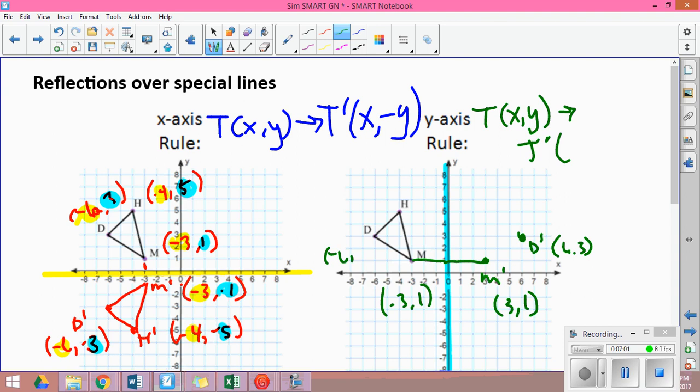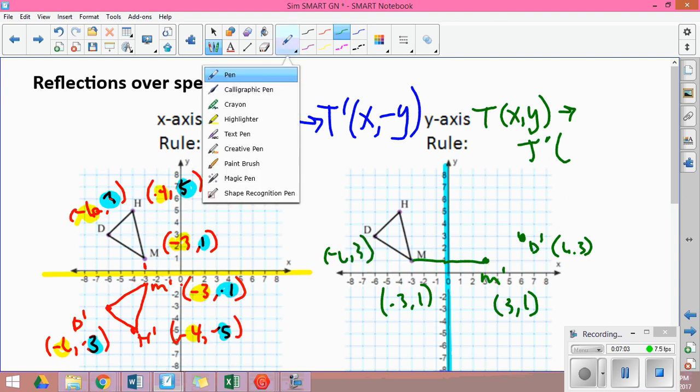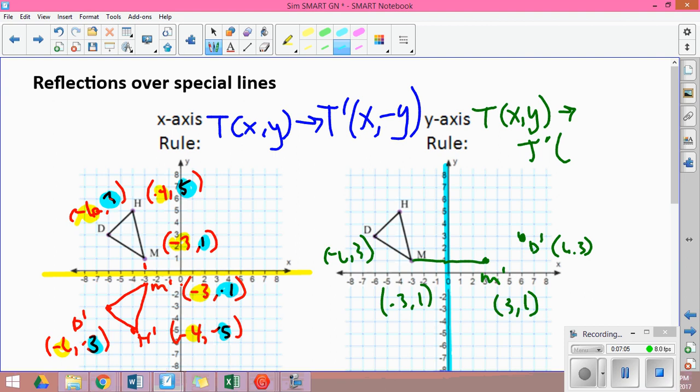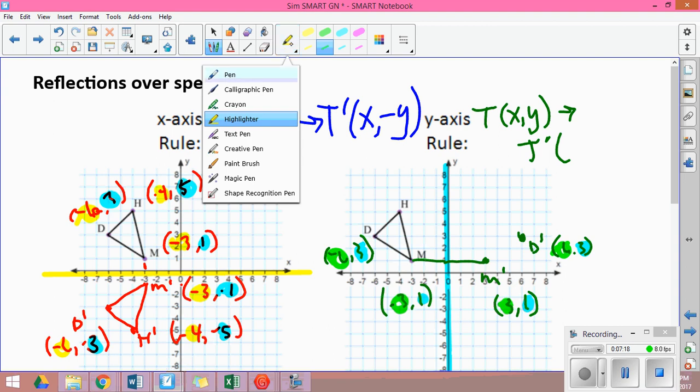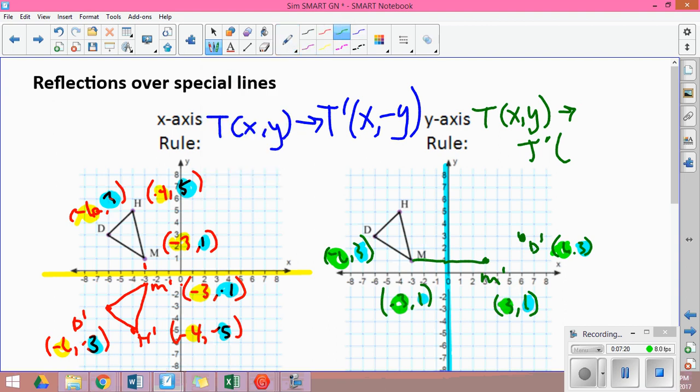And you can begin to see that pattern that this time my y stayed the same, but my x coordinates changed signs. So what I can do is my x is the opposite this time, and my y's stay the same.